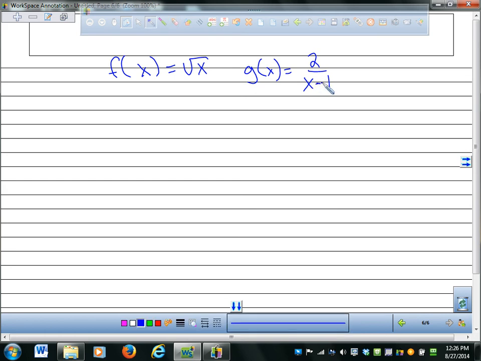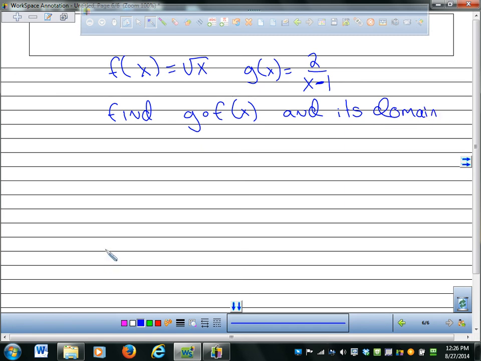Find g of f of x and its domain. I think that's going to work.